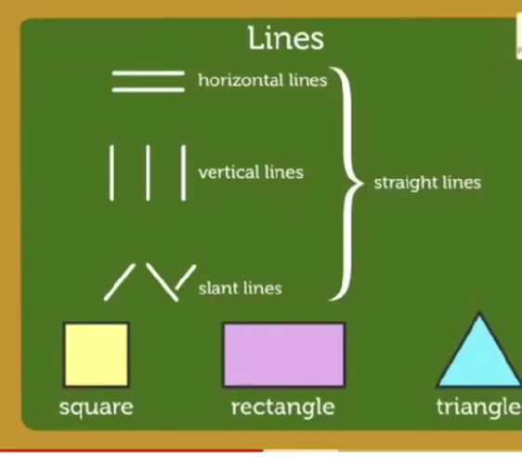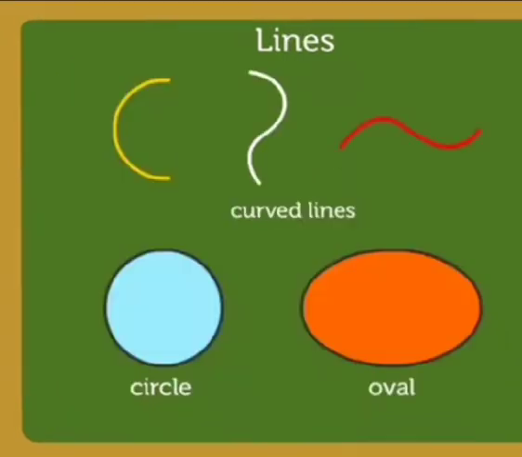Children, here are some different types of straight lines. Horizontal, that means sleeping line. Vertical, standing line. And slanting line. On the other hand, children, these are some examples of curved lines.